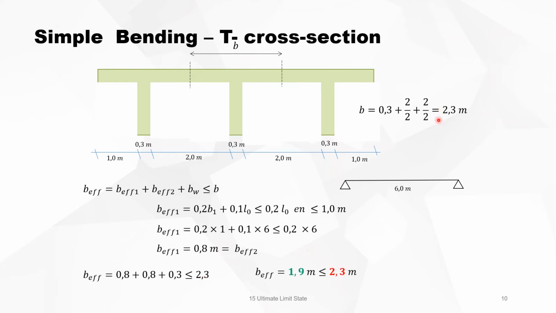So you will see that the effective width is 1.9 meters instead of the 2.3 that you would take in a natural way. You have a floor slab and you calculate the beams and you take half of the clear distance between the beams and you work with that. In reality, you must be very careful with that. Just do the check and only calculate with the effective width.